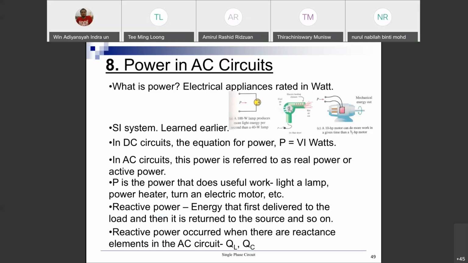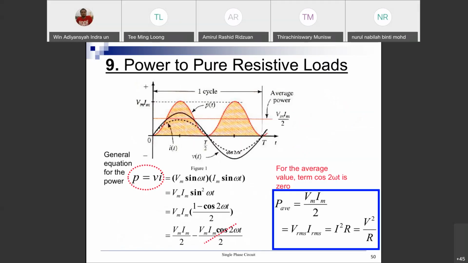Okay, so the formula, this is for pure resistor only.